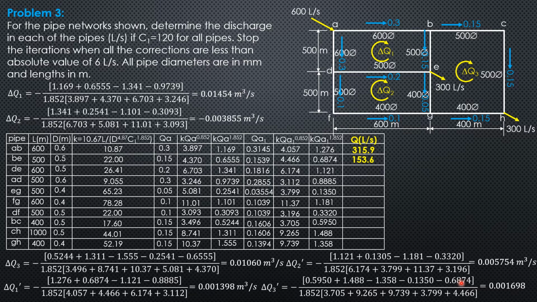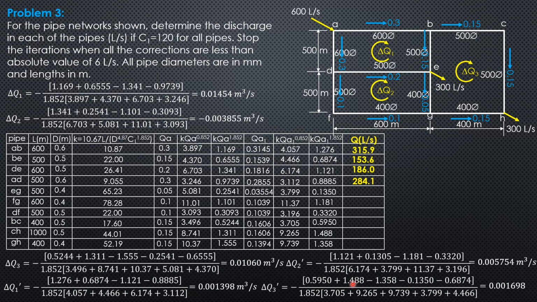So delta Q2 prime is positive 0.005754 cubic meter per second. This is 5.754, less than 6, so acceptable also, hoping that delta Q3 prime is also acceptable so that we can now finalize our discharges.